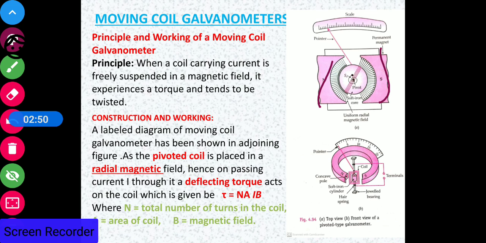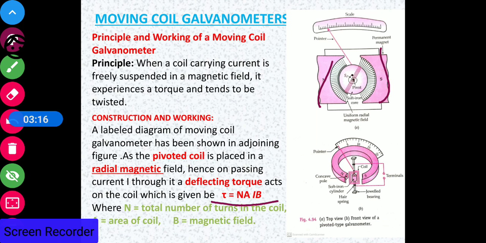Now what is the use or the benefit of this radial magnetic field? The radial magnetic field keeps the plane of the coil always parallel to the direction of the magnetic field. As we know, the expression of the torque is NIAB sin theta, where theta is the angle between the normal to the plane of the coil and the magnetic field.